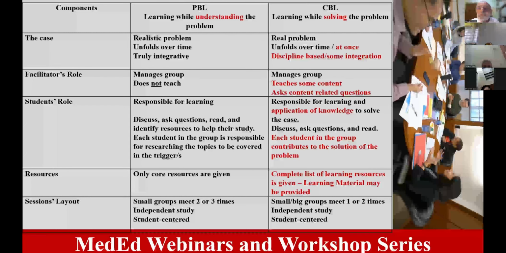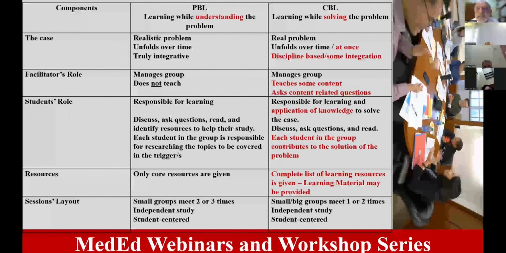Whereas in case-based learning, the aim is to solve the problem. So students have to apply their previous knowledge to solve that problem. So that is one difference in approach. Second, in PBL, we use realistic problems, unfold the information over time, and it is truly integrative. So there is a high degree of integration in a problem-based learning session.